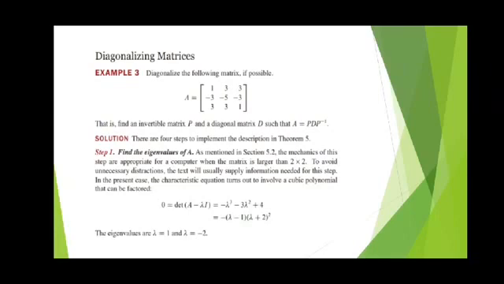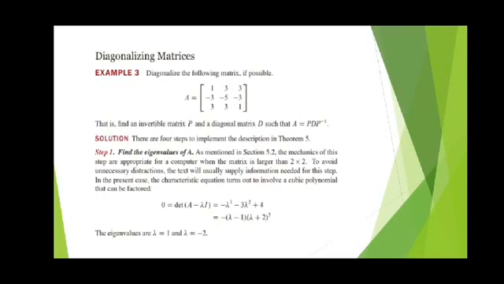In this problem, I will explain in four steps. First, they have given A. Now we have to find the diagonalized matrix. For that, we have to calculate P, D and P inverse.